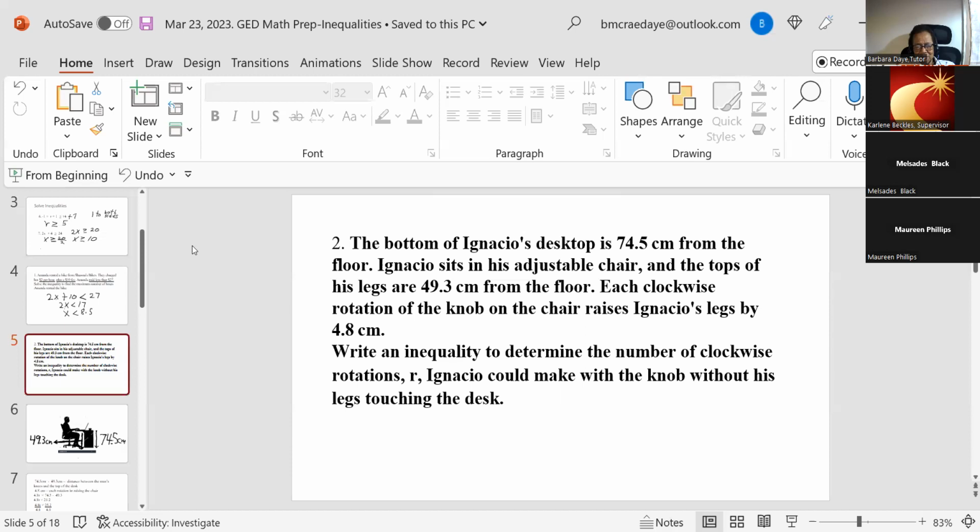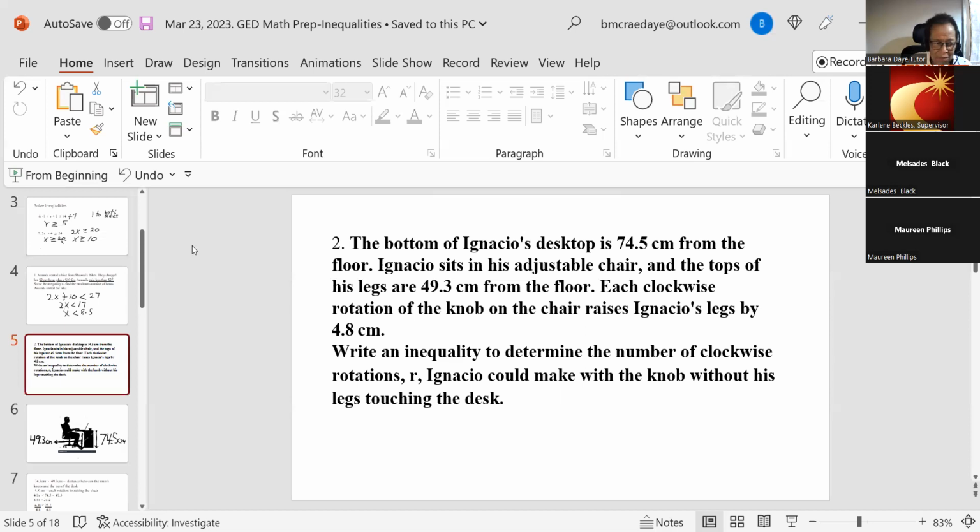Each clockwise rotation of the knob on the chair raises his legs by 4.8 centimeters. Write an inequality to determine the number of clockwise rotations R Ignacio could make with the knob before his legs touch his desk.